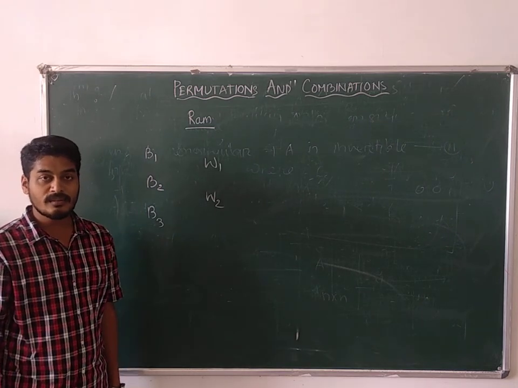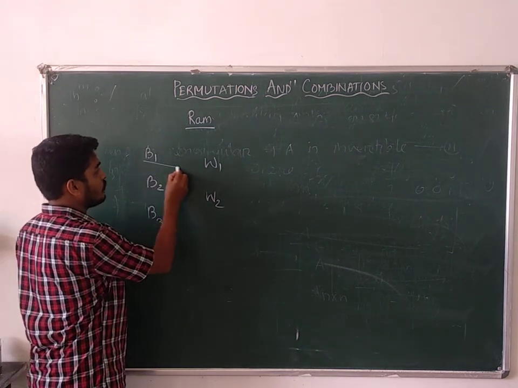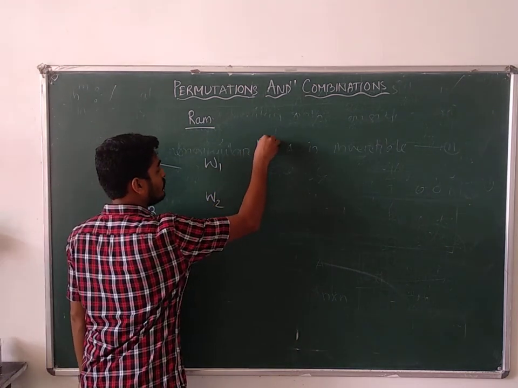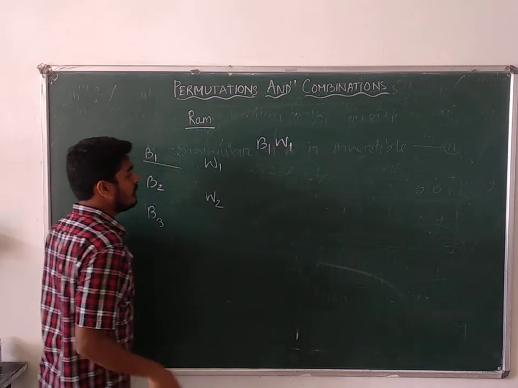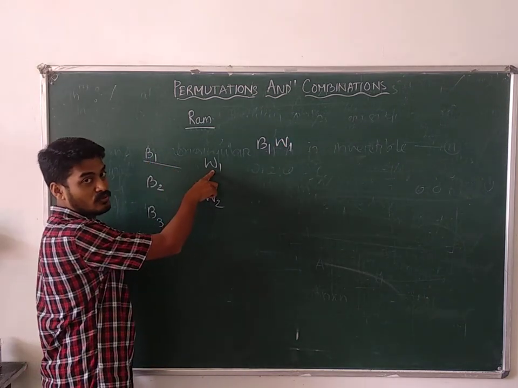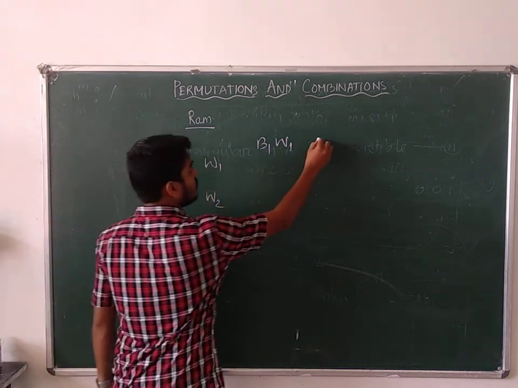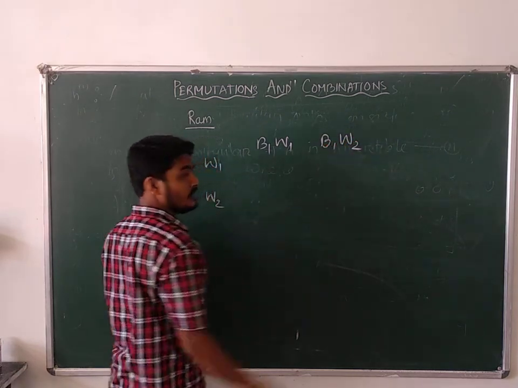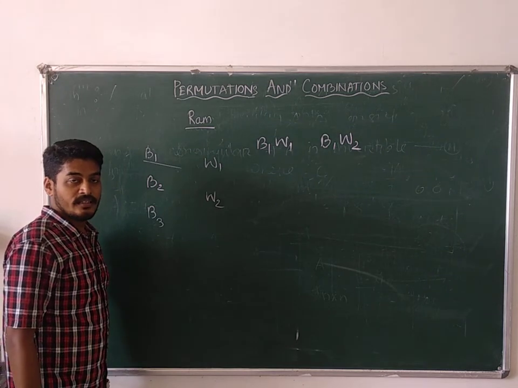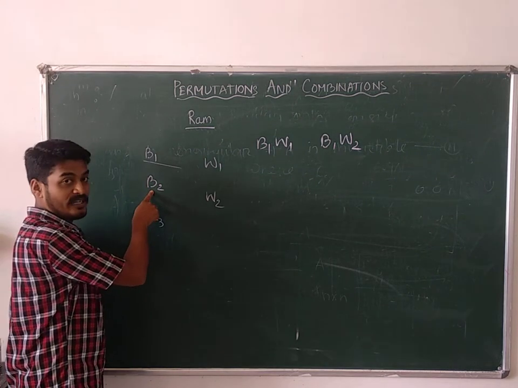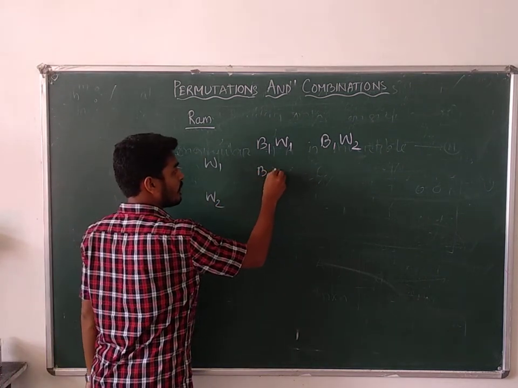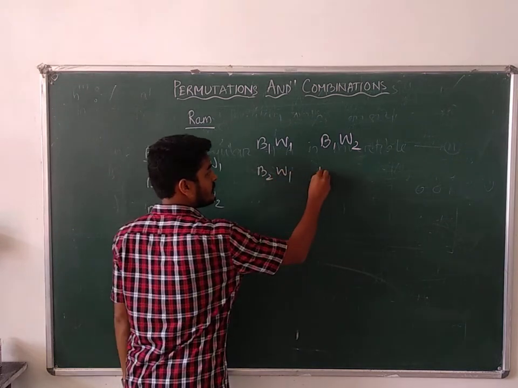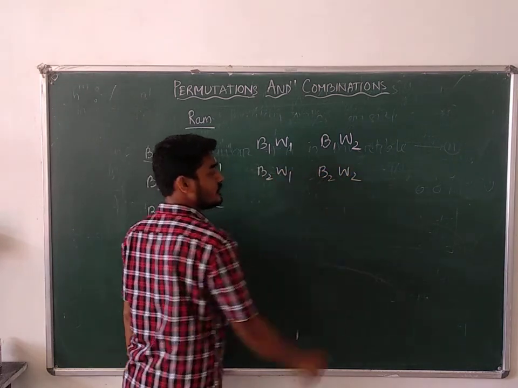Obviously we'll think about it like this: bag 1 and bottle 1 is the first combination. Then he can think about bag 1 and bottle 2. In the second option, he can select bag 2 with water bottle 1, or bag 2 with water bottle 2.